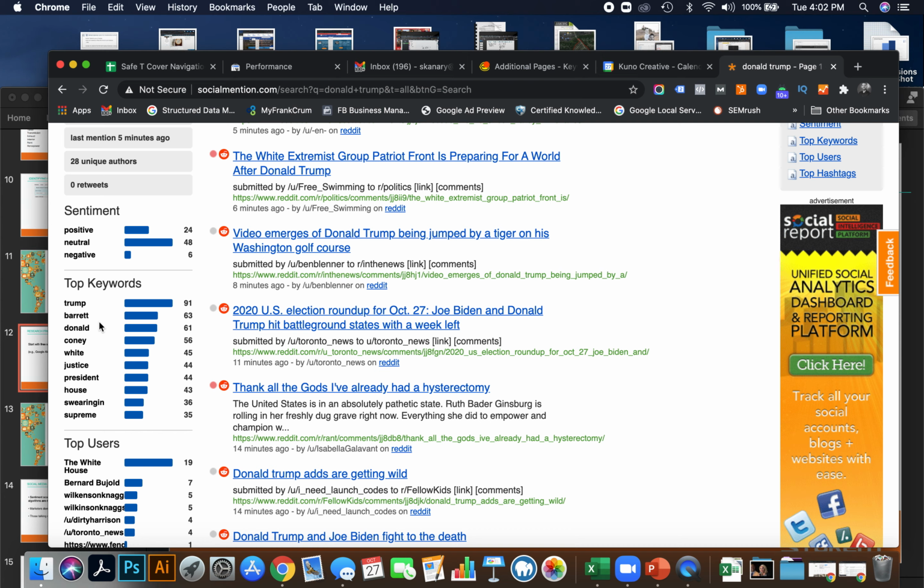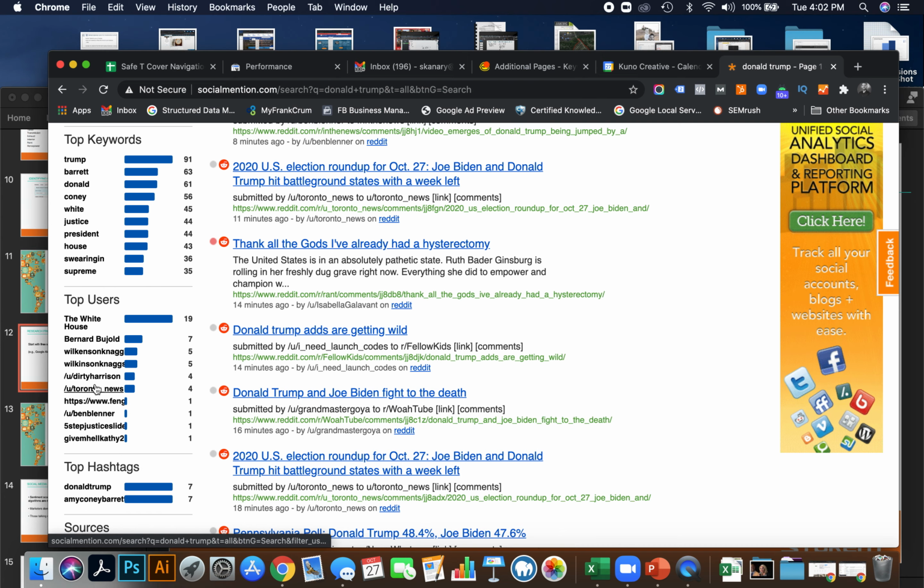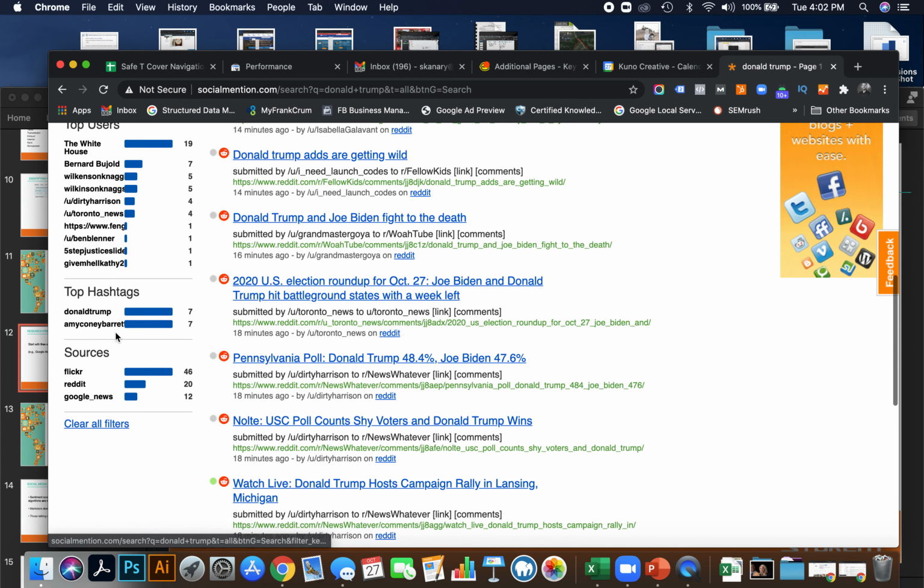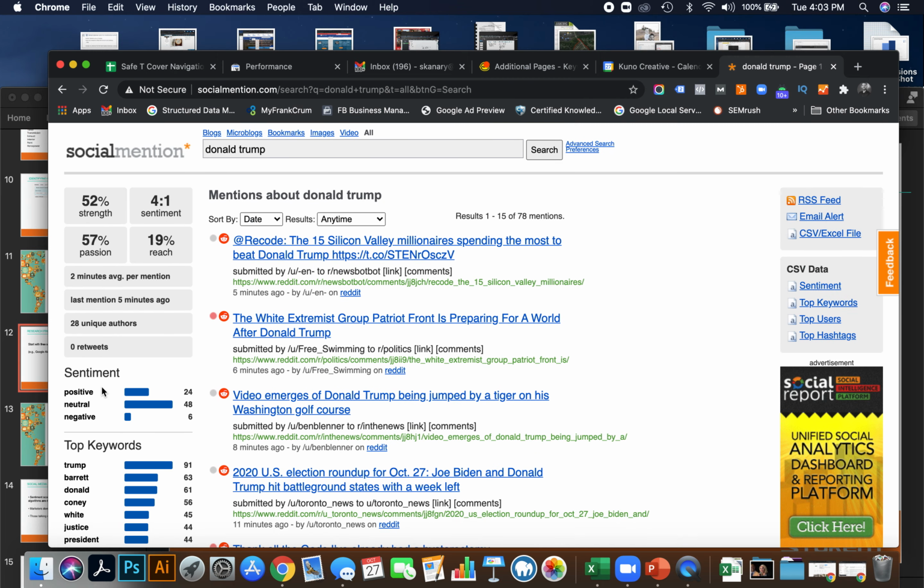Here's some top keywords associated with him. Top users, top hashtags, and the top sources. So this tool can help you monitor your sentiment.